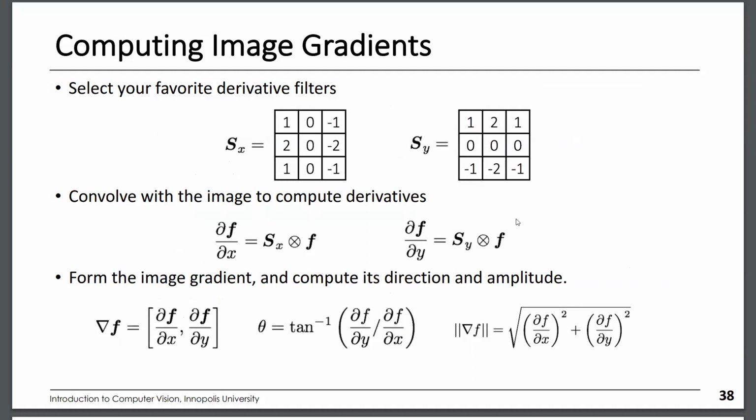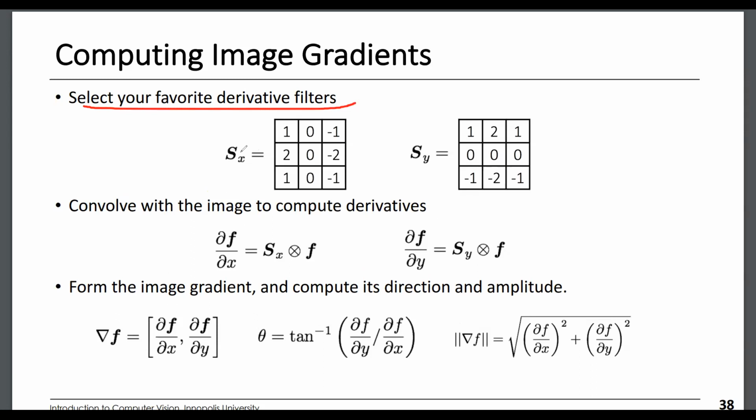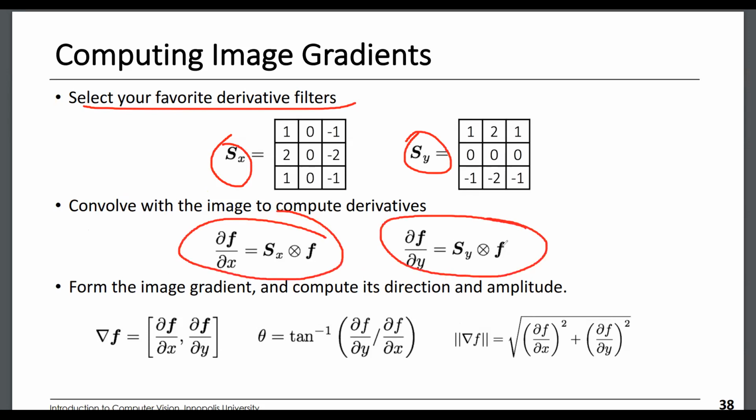So what's going to happen in the image? How do we calculate these derivatives? How do we get the gradients, and how do we use the gradients to do the calculations? It's pretty simple. You select your favorite derivative filter. We can say that we're going to use the Sobel filter for now, for both the horizontal and the vertical axes, and we convolve them with the original image.